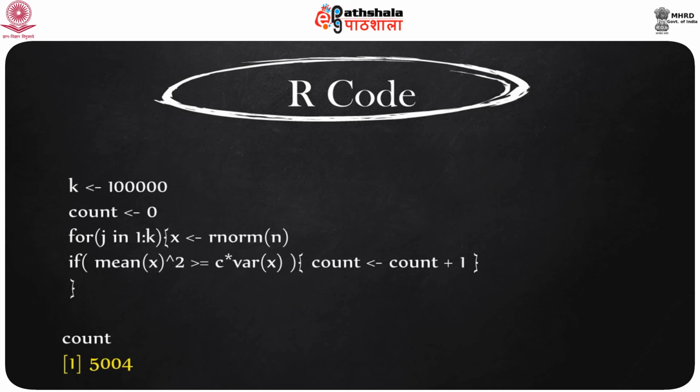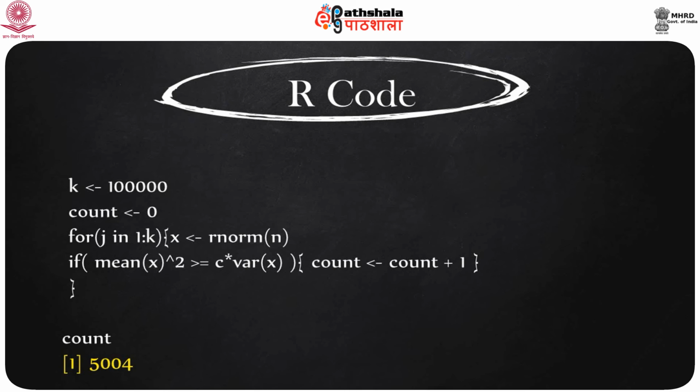Here k equals 1 lakh, and look at what we are getting here, what the count actually is here. Here it's actually 5004. So, as we know, it gives us the fact that out of 1 lakh samples of size 10, the confidence interval is unable to capture the mean 5004 times.